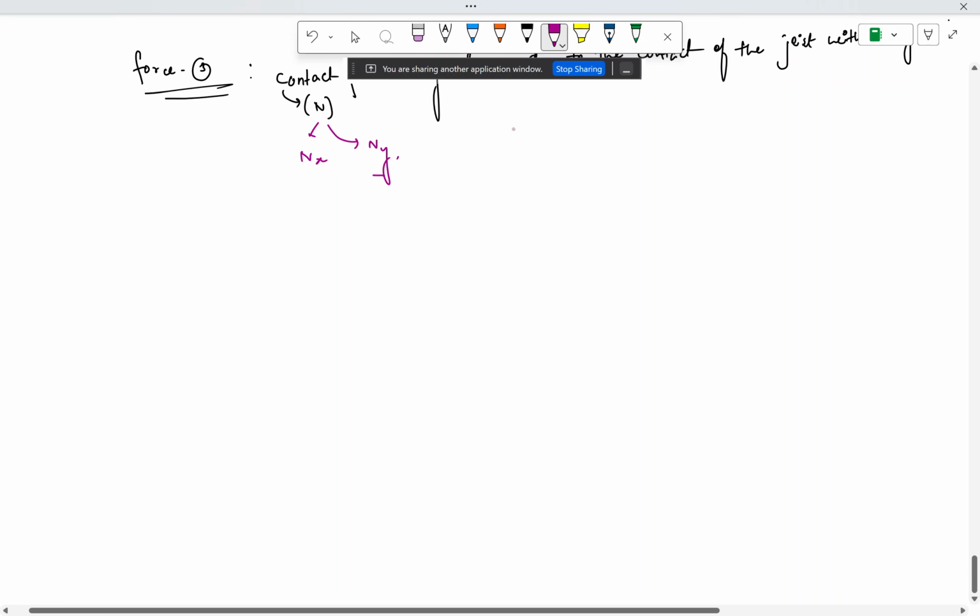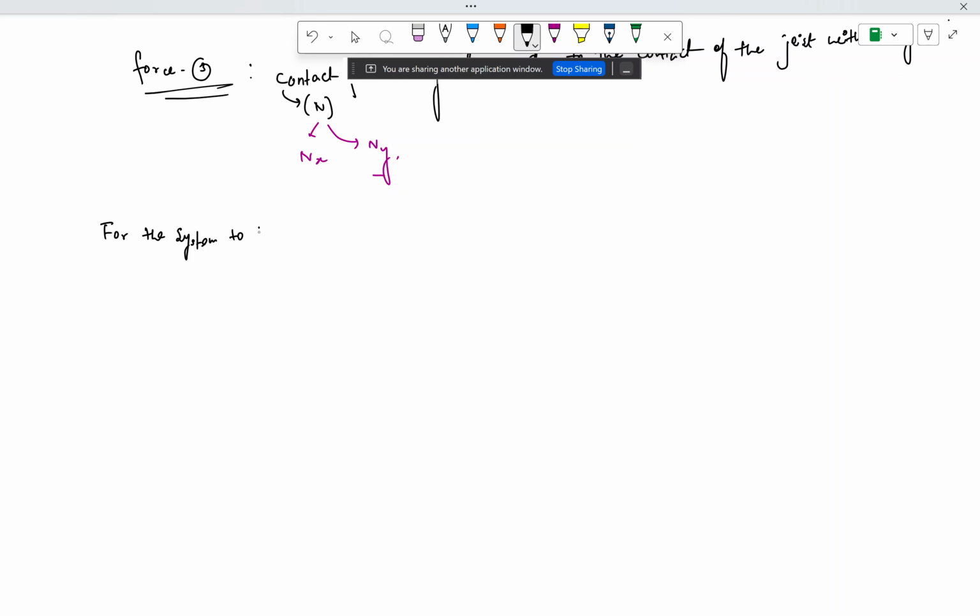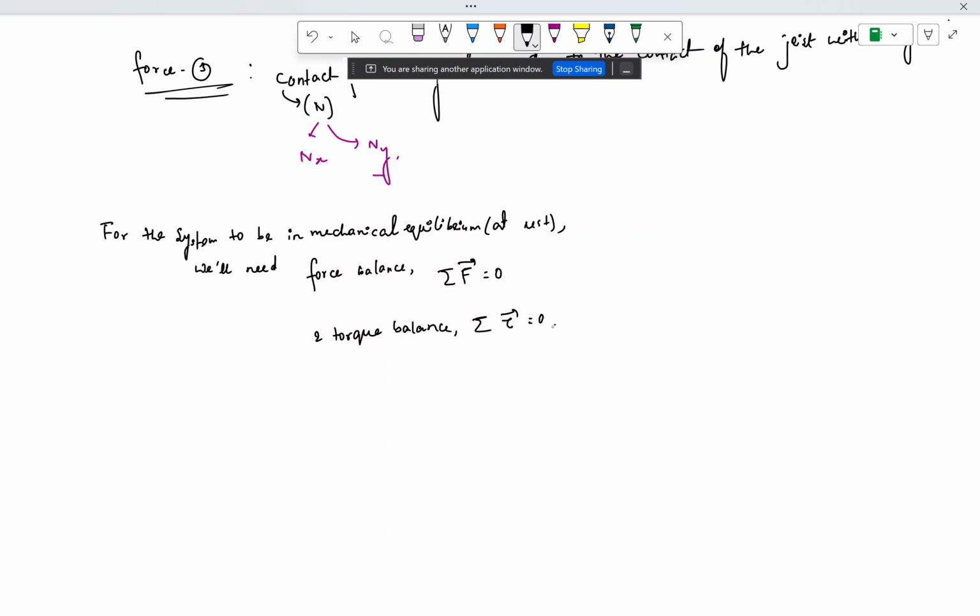So our idea is that for the entire system to be in mechanical equilibrium, basically at rest, we will need force balance, which is the entire net force to be 0 in the system, and torque balance, which is the total torque equal to 0 in the system.